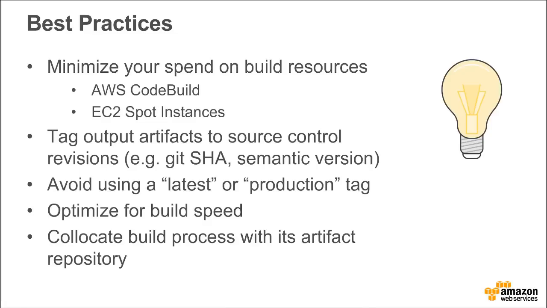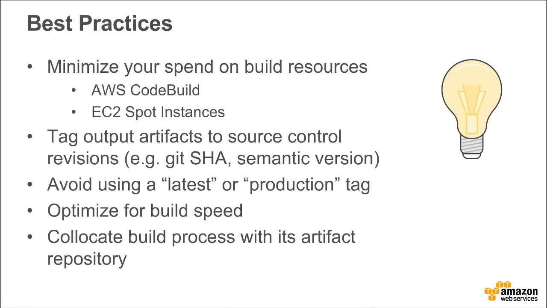Maybe it's a semantic version, but something that tags it so that you can directly compare or correlate a build in a Docker container image with code in your source code repository. This is going to make things like rollbacks a lot easier. It's going to make it a lot easier to identify which changes are in which revision.